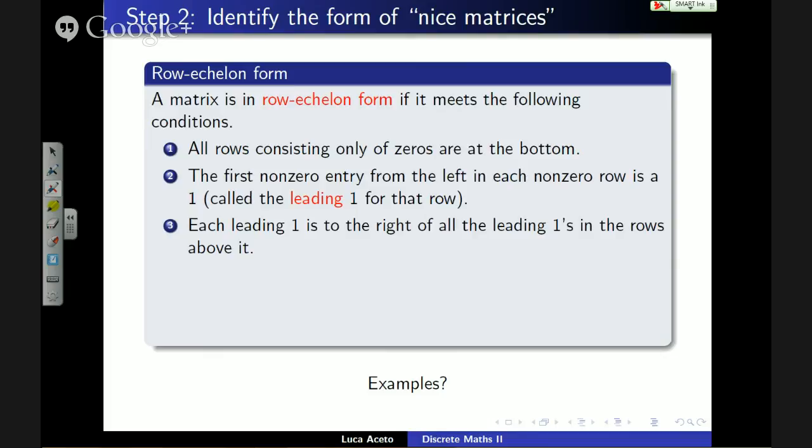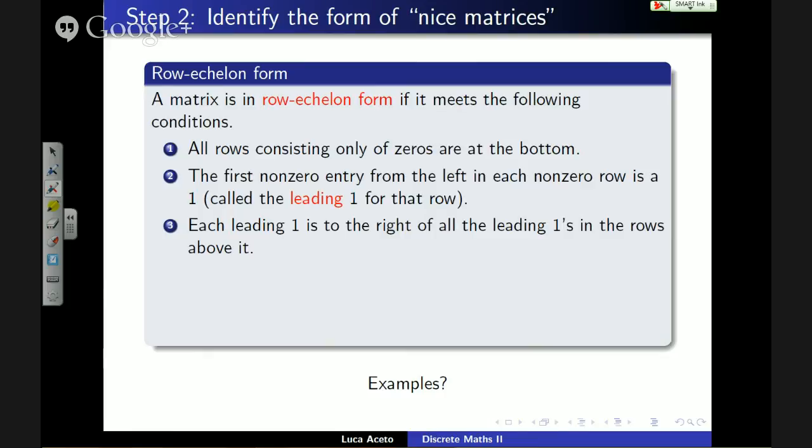Fantastic. Second condition: the first non-zero entry from the left in each non-zero row is a 1. So you look at each row, the first non-zero entry, if there is one, should be a 1.